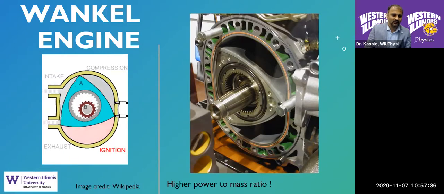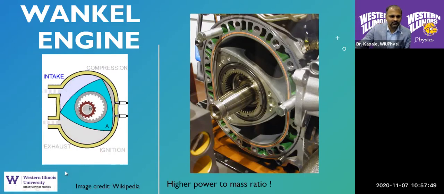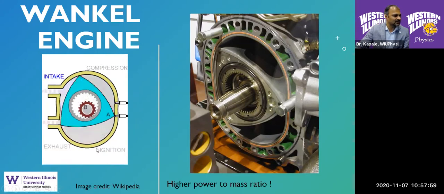It has all of these 4 cycles: intake of the fuel, then the compression, ignition, and exhaust, and all of those are controlled by this spirographic kind of motion of the triangular looking device that's moving through this outer chamber, right? And on the right, of course, you have the actual picture of that engine.